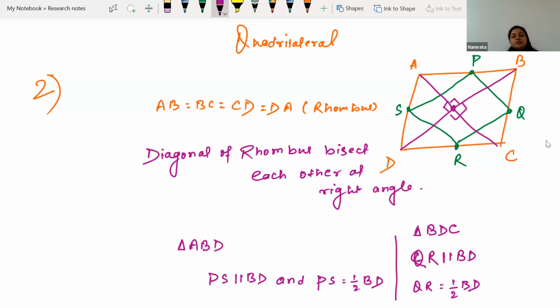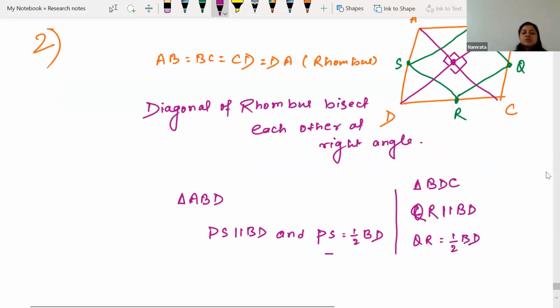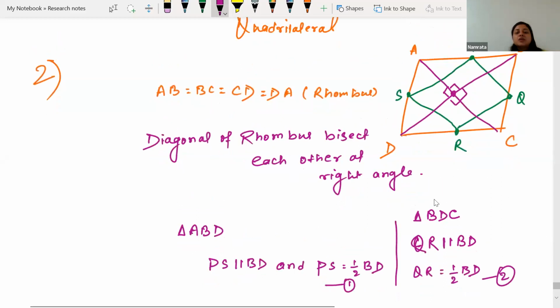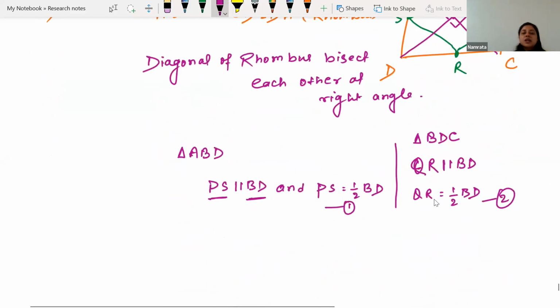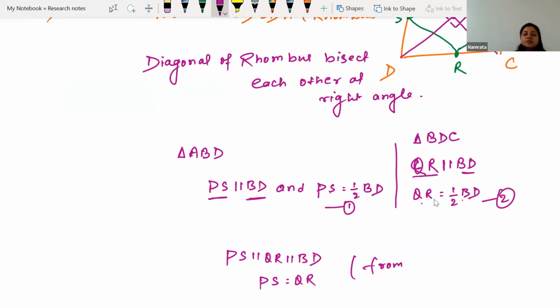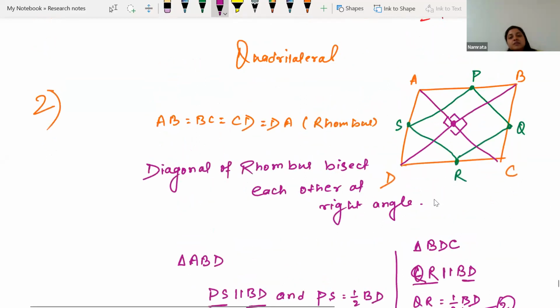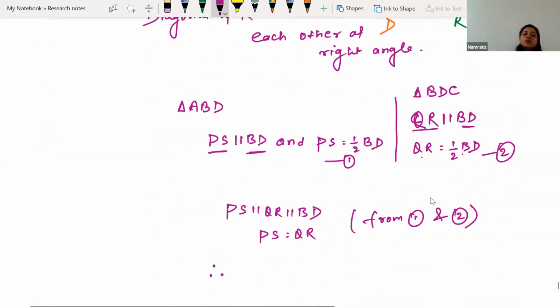Yes. From equation 1 and equation 2, can we say PQRS is a parallelogram? Because PS is parallel to BD and QR is also parallel to BD, so PS, QR, BD all are parallel. And PS is half of BD, QR is also half of BD, so PS and QR are equal. Opposite sides are parallel and equal, that is a parallelogram, right? Yes, ma'am. Therefore, PQRS is a parallelogram. This much is clear, Arya? Yes.